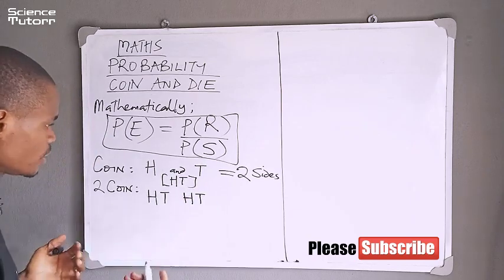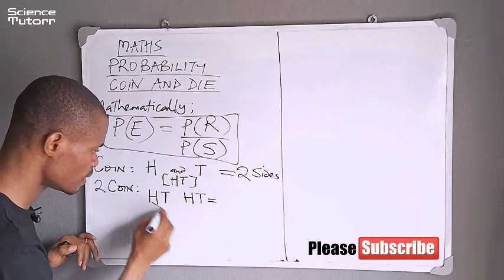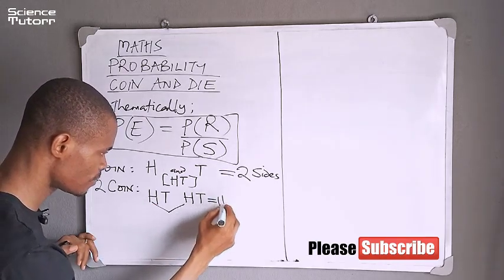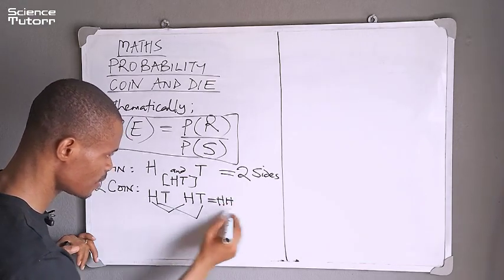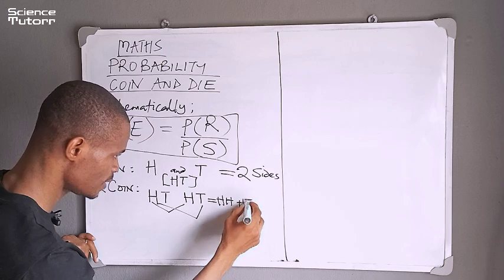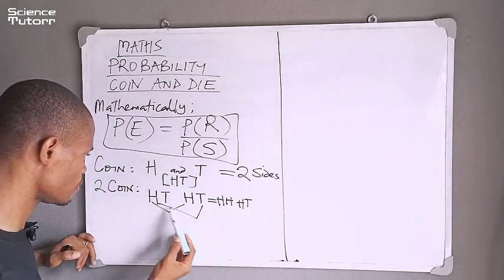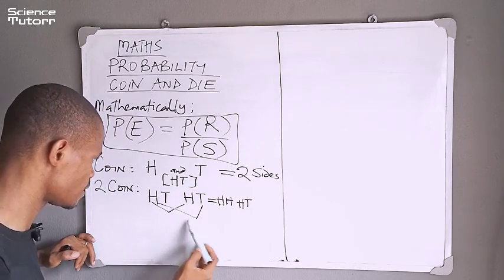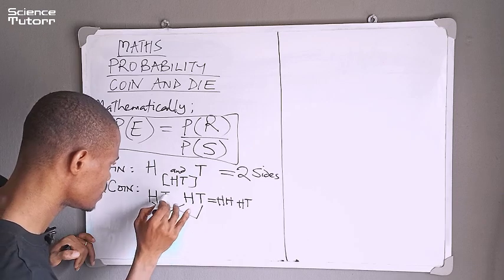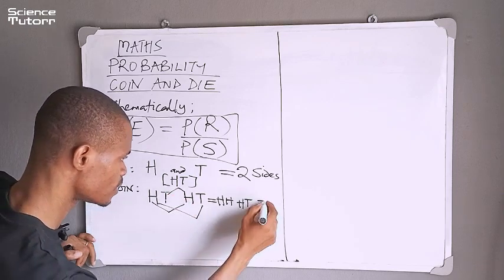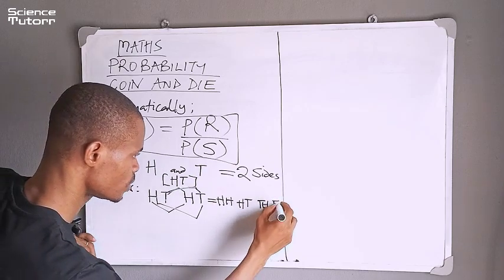So for two coins, the outcomes will simply be head, head, head, tail, tail, head, and then we have tail, tail.